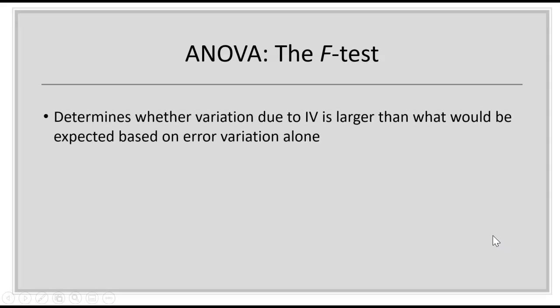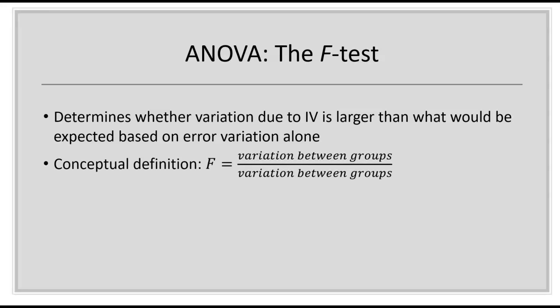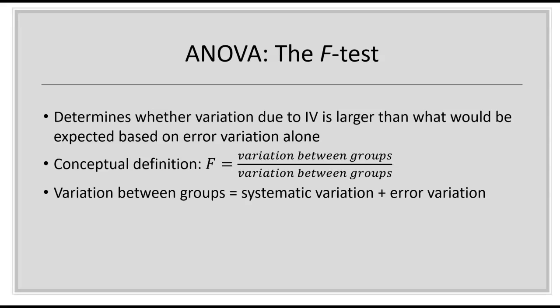So the F-test determines whether the systematic variation that we could attribute to the independent variable is bigger than what would be expected based on the contribution that error variation by itself would make. Now the concept of the F-test is defined in this way. You take the variability between groups and you divide it by the variability within groups, and that leaves you with an estimate of the size of the effect.